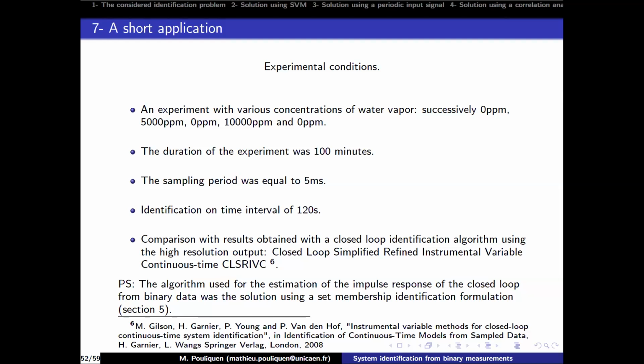I compare my results with the initial operation mode, in which I use a closed loop identification algorithm. So two solutions in order to estimate my time constant: with the real output, I use the closed loop algorithm, and the other with binary data.